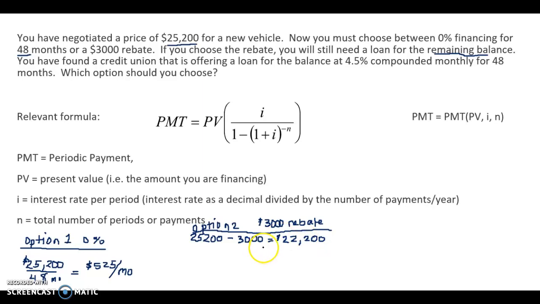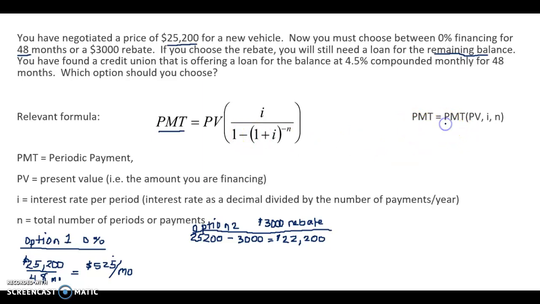Now, I am going to have to figure out my monthly payment so that I can compare with option 1. To figure out my payment, I need to use this huge formula up here. This formula calculates payment, and it is explained over here in function notation.